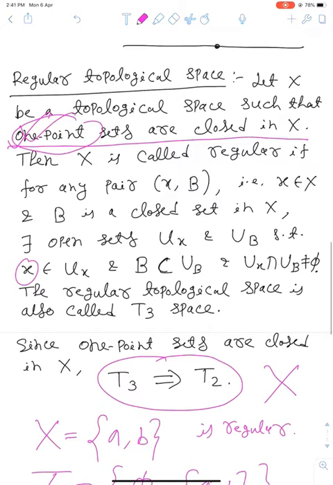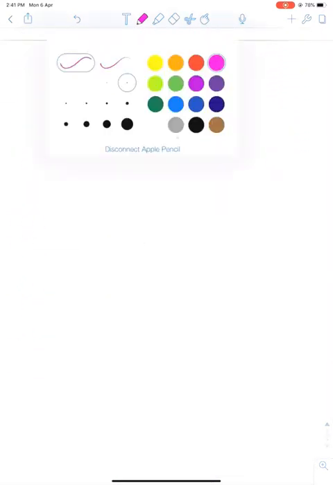Anyway, now we see that the converse is not true. That is, T2 does not imply T3. That means if we have a Hausdorff topological space, that does not imply it is regular.